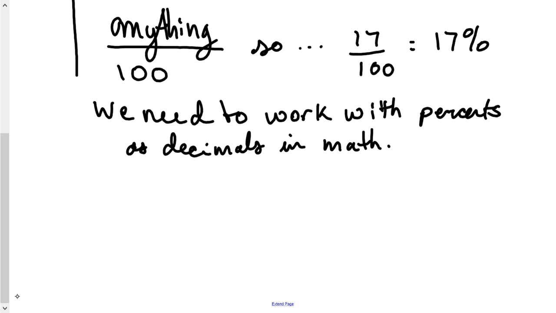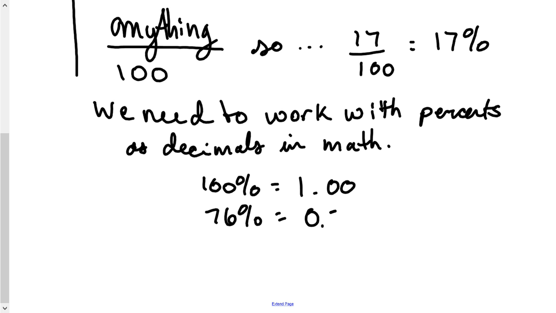So if you have 100%, you could say that's equal to $1. Or you go a little bit further and just knowing that 76% is equal to 0.76, which is also equal to 76 over 100, 100% being 100 over 100.